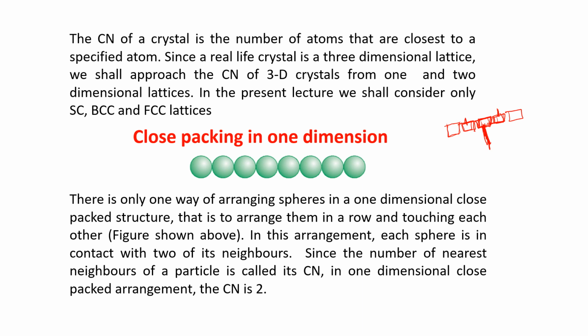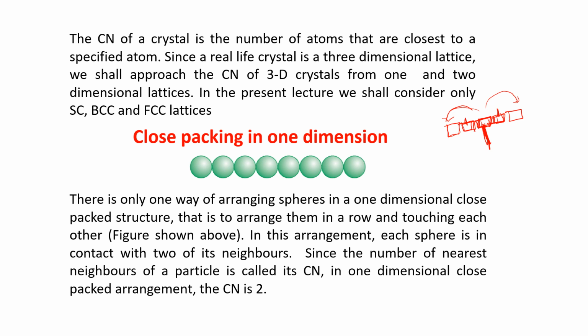So this middle person is touched by two persons, one on the left hand side, another on the right hand side. And these two persons are a little far apart from this person.